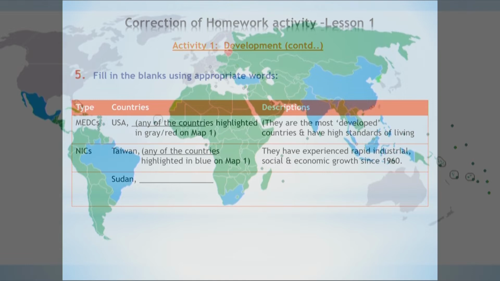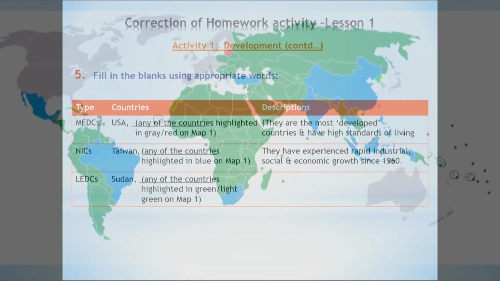And the description is already there. They have experienced rapid industrial, social, and economic growth since the 1960s. Okay. And the last one is supposed to be LEDC, the less economically developed countries.